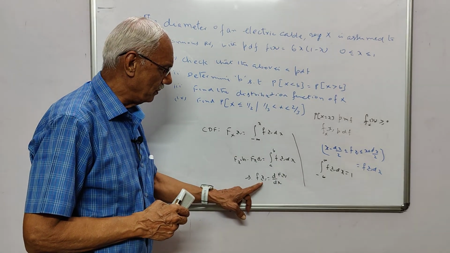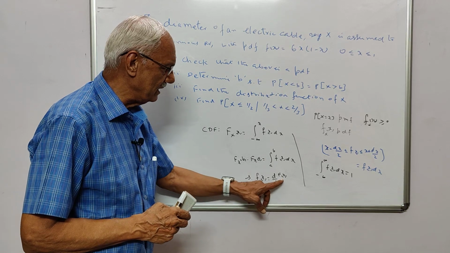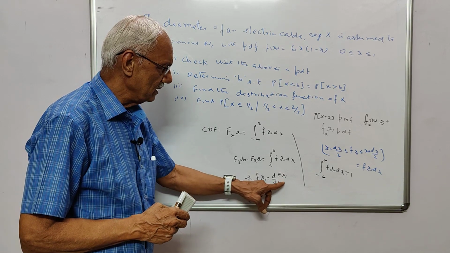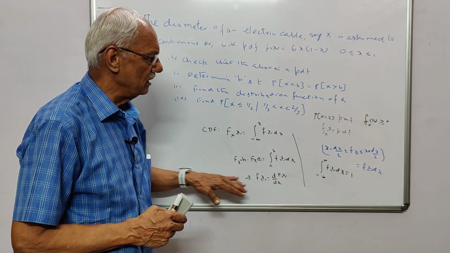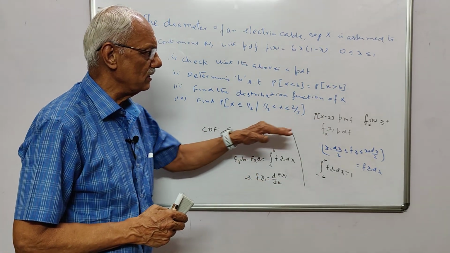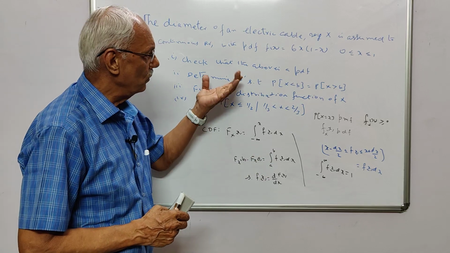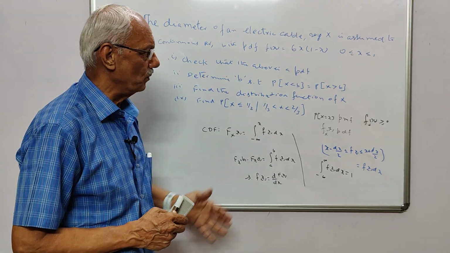The probability density function is nothing but the derivative of F of x with respect to x. These are the important things that you must know before doing this problem.